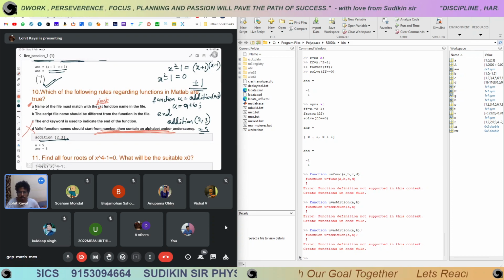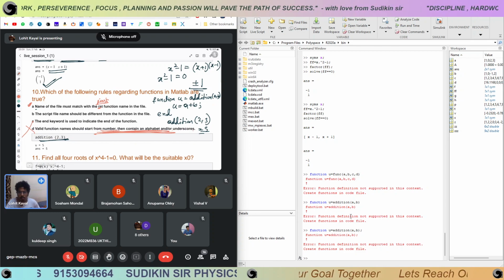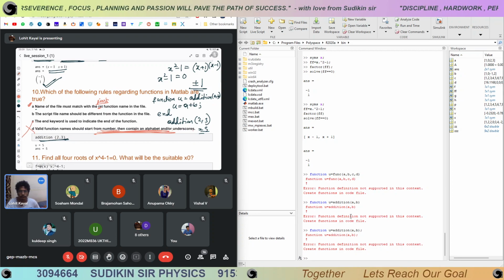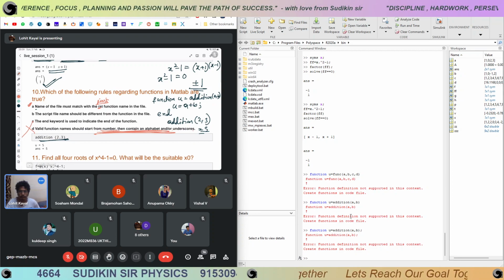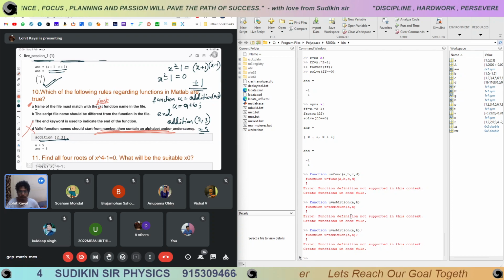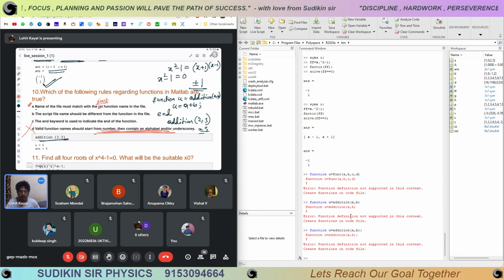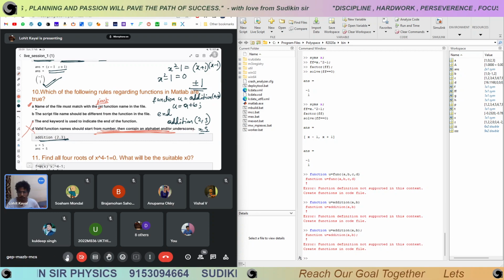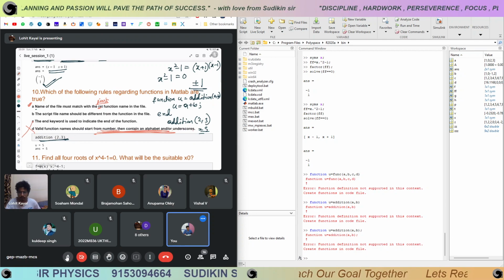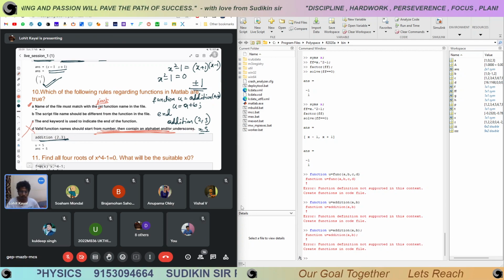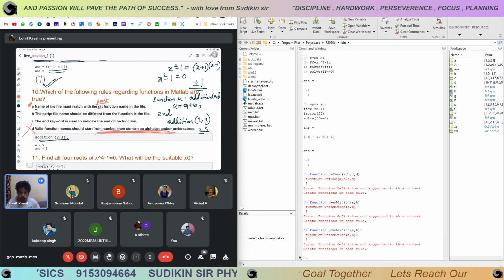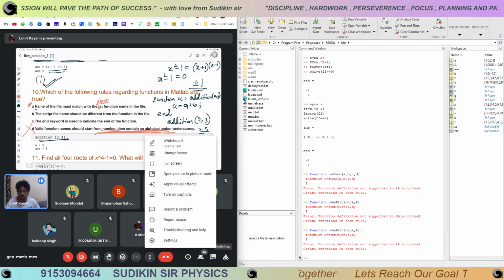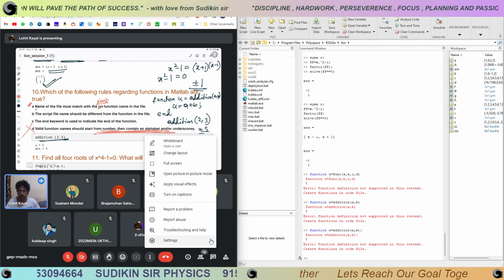Layout. Can you try now? Sir, still not showing. Okay. Can anyone tell me how to do that? I am not able to figure it out.